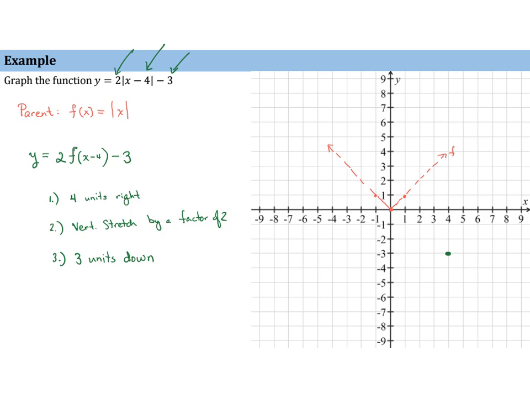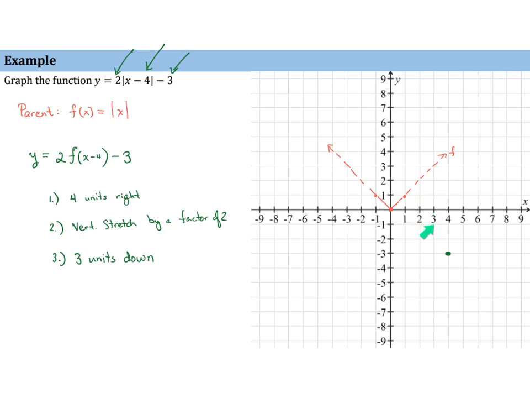Now let's move the other points. So if we move the point (-1, 1) to the right 4 units, and then we stretch it by a factor of 2. So we were 1 unit away from the axis. Now we're going to double that. So we'll be at 2 units above the axis. And now we're going to move 3 units down.